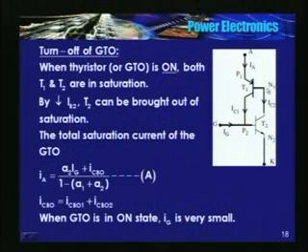What is alpha 2? It is the gain of the N1, P2, N2 transistor. See here, alpha 2 for this transistor. This is N1, P2, N2. How do I make alpha 2 as high as possible? One way is to make the thickness of the P2 layer less.